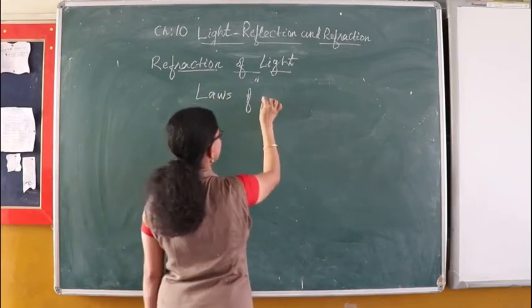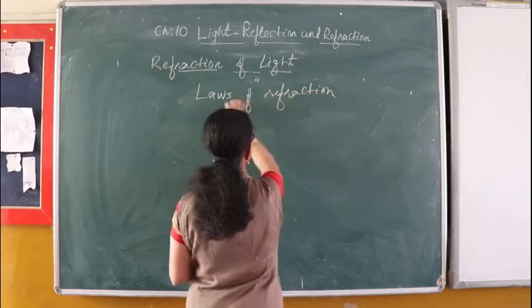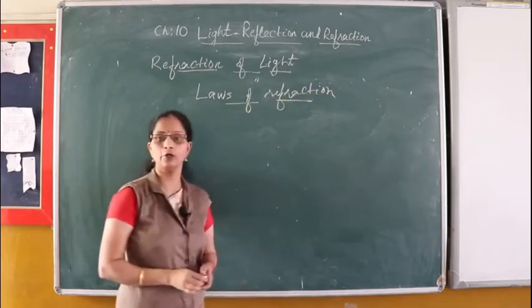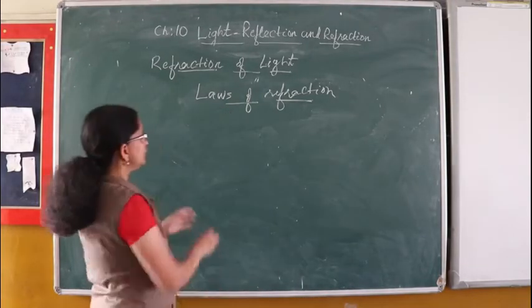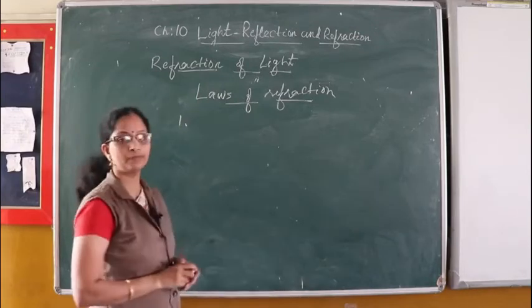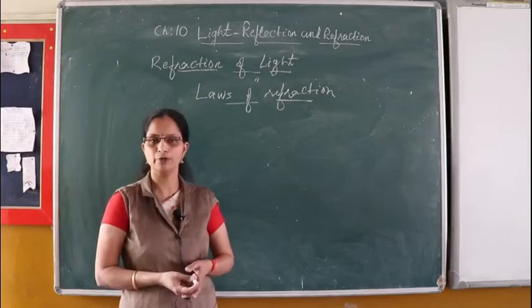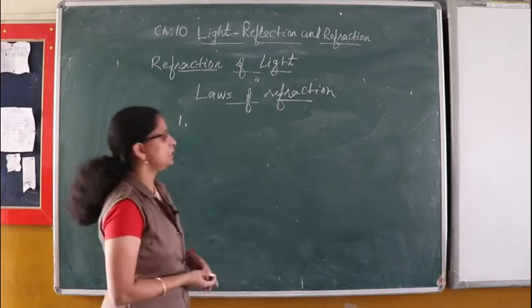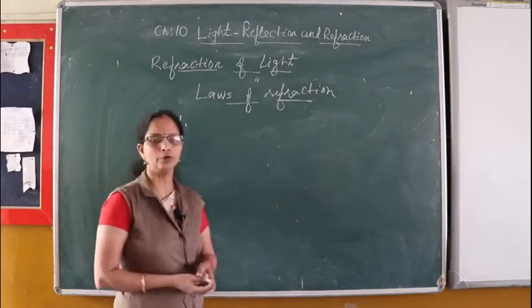The first law of refraction is the same as we studied in the reflection topic. The second point we studied is that the incident ray, the refracted ray and the normal.